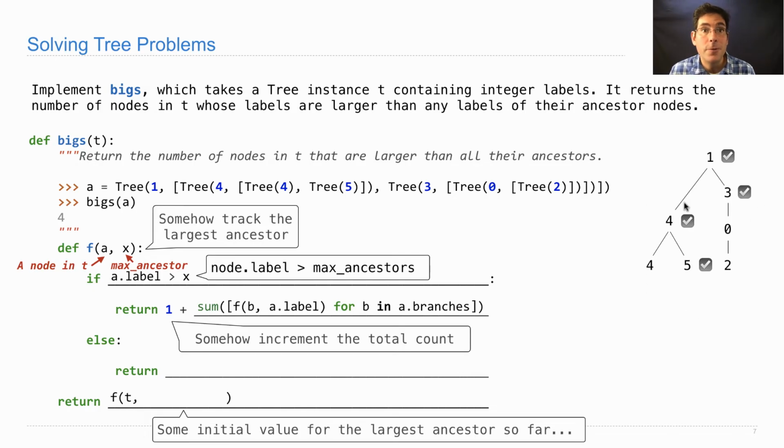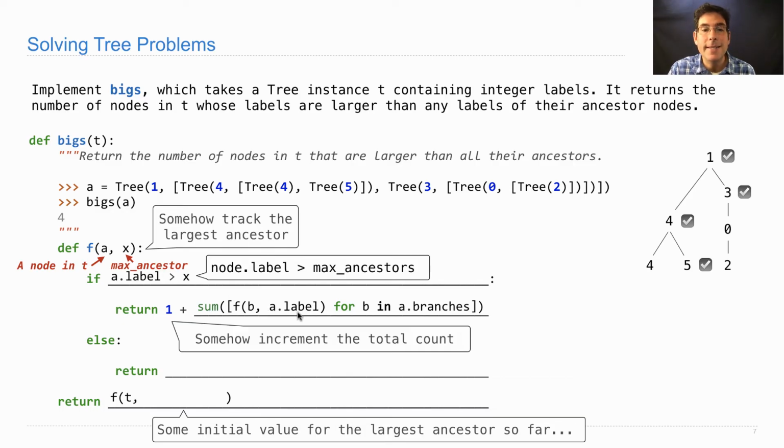Now, one challenge with writing recursive functions is to figure out what arguments to pass into the recursive call. But since I've made notes, there's hope. I know that I need to call f with some value that represents the maximum ancestor label I've seen so far. x was the maximum ancestor label before I looked at a, and a's label was even bigger.